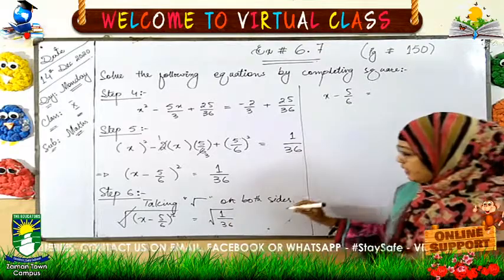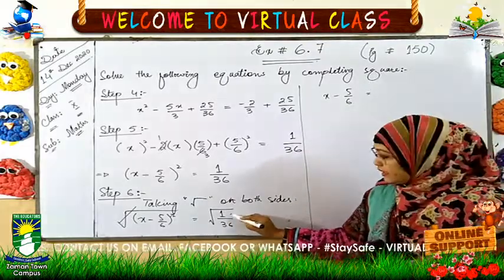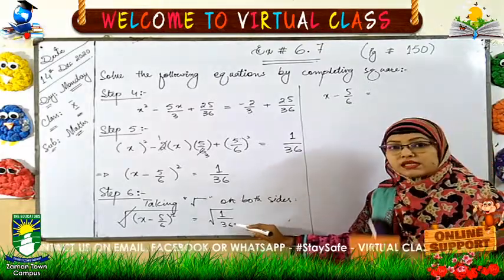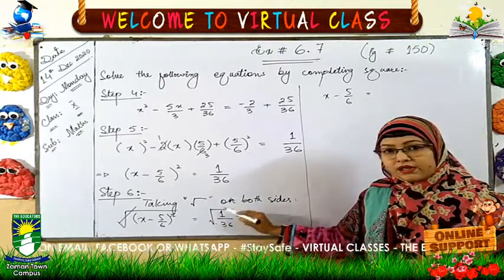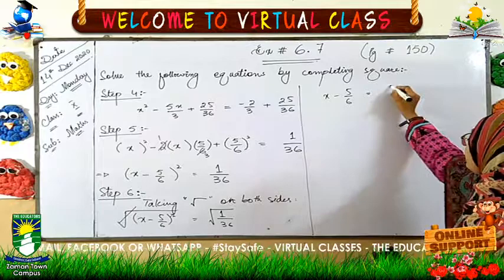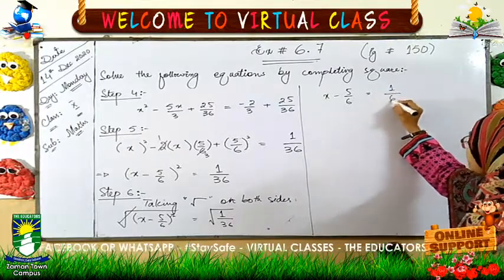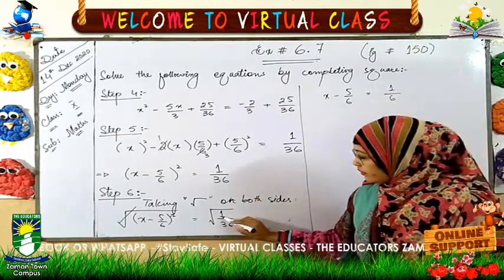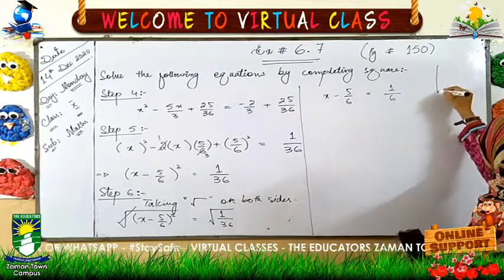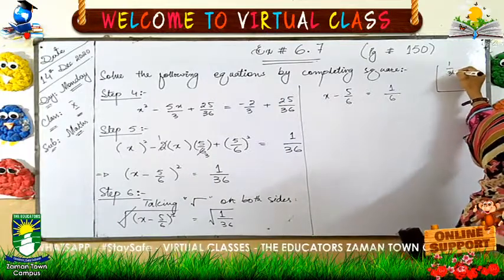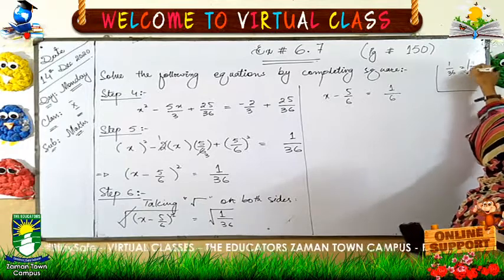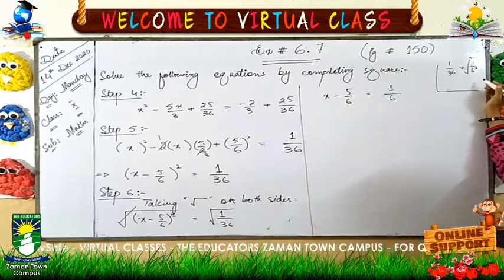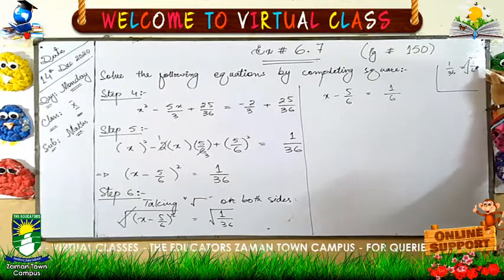Root of 1: 1 ones are 1, so we can take 1 as a square, and 36 is a square of 6. So when we take the root of 1 upon 36, it will be converted into 1 upon 6. You can see it in the rough column that 1 upon 36 is 1 square upon 6 square, and the square and root will cancel.